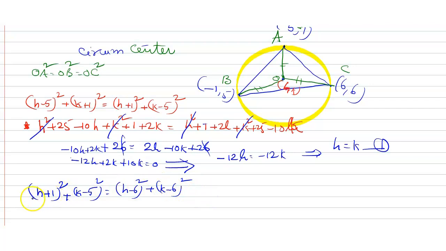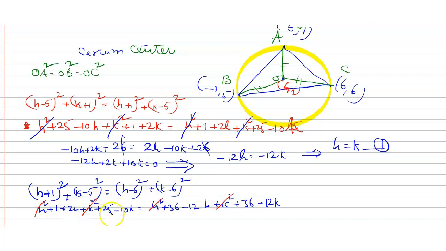If we simplify this, h square plus 1 plus 2h plus k square plus 25 minus 10k is equal to h square plus 36 minus 12h plus k square plus 36 minus 12k. Now this h square will go away with h square, and the same way k square also will go.